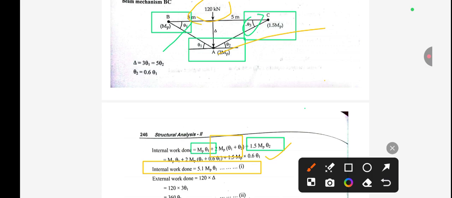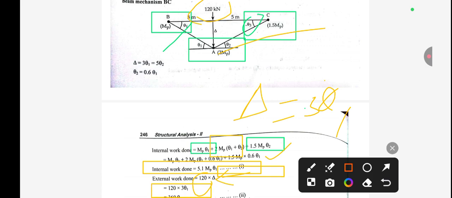Okay. And for the external work, we have to just multiply the deflection by the external force. So you can see here our external force is 120. So 120 into this deflection. So we have value of delta equal to 3 times theta 1. So in the place of delta, we have to just write 3 theta 1. So this value becomes 360 theta 1.